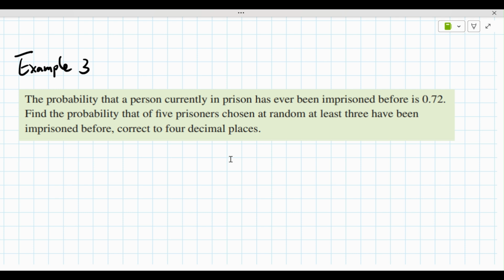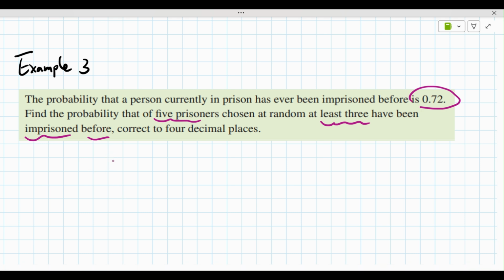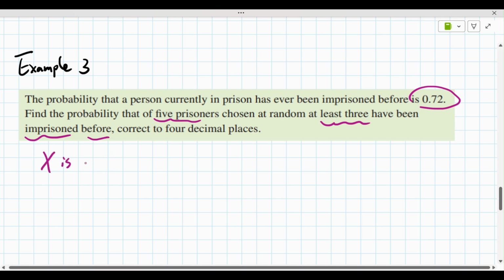First thing, the probability of a person currently in prison who has never been there before is like 72%. Find the probability that of 5 prisoners chosen at random, at least 3 have been in prison before. First, we need to write x as a number we don't know.